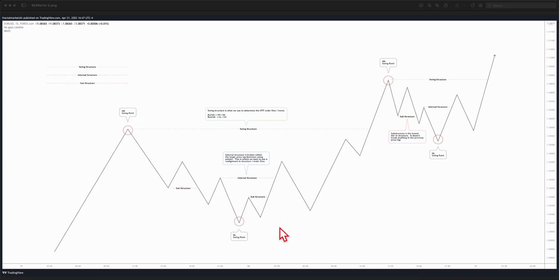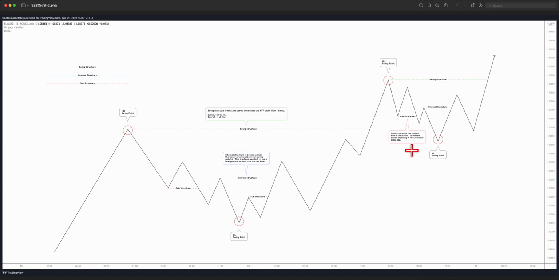So substructure is usually the very first sign of a potential order flow shift or an order flow continuation when it is counter trend. So order flow shift when we're going into a pro trend direction, and then obviously an order flow continuation when we are trading counter trend.